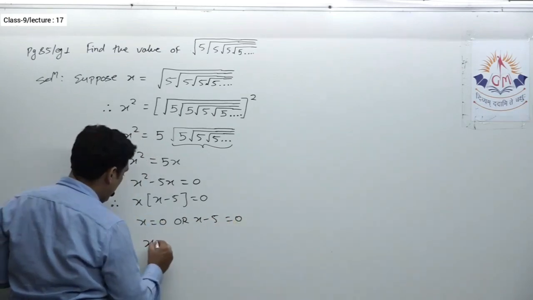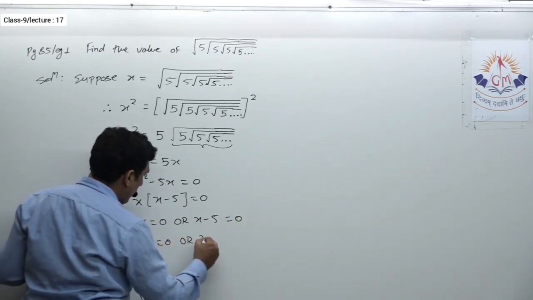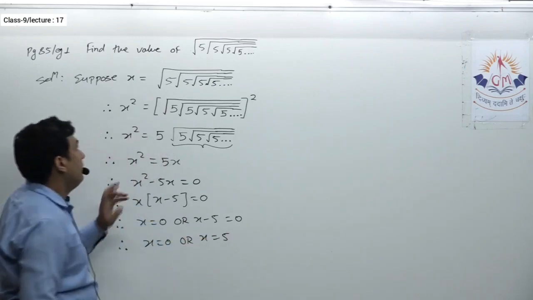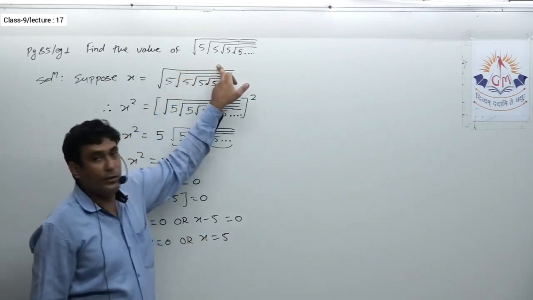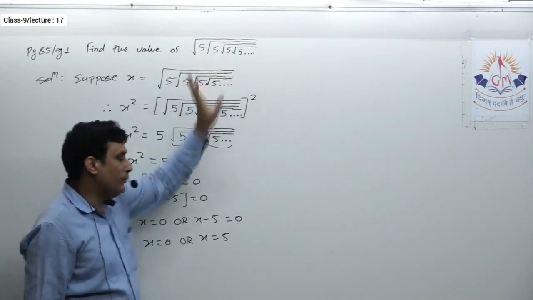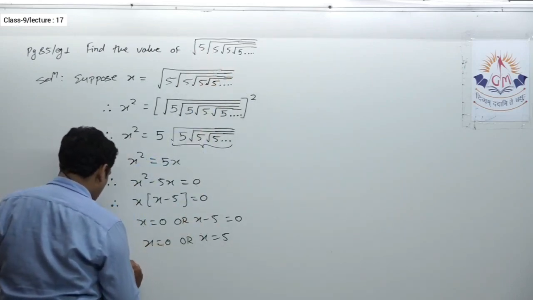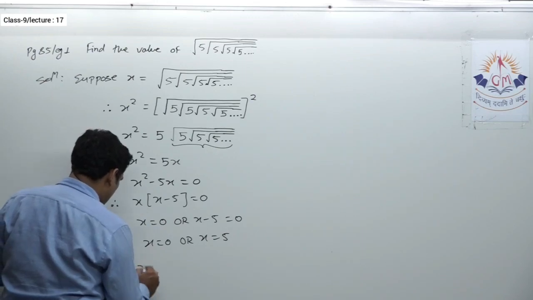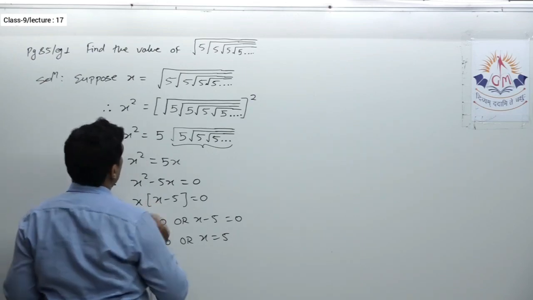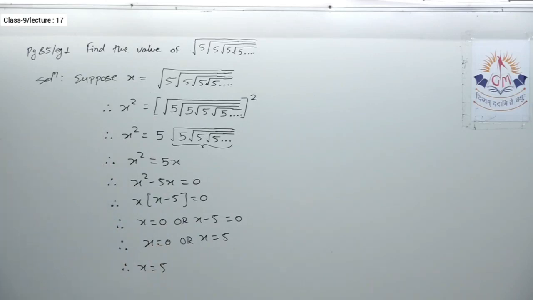Therefore we have two values, either x equal to 0 or x is equal to 5. But obviously this cannot be 0 because this is a real number having some value. So the final answer, therefore, is x is equal to 5. Please note it down, then we will see the next question.